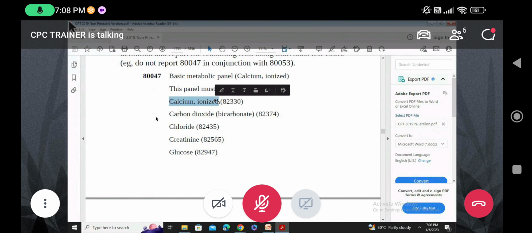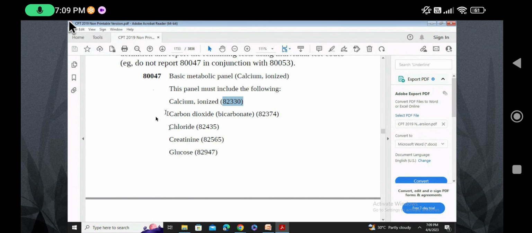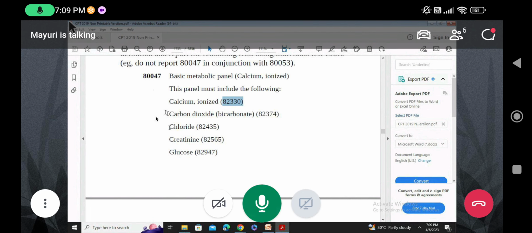Okay, so you guys please note down the code 82330 separately, right? And next one, carbon dioxide bicarbonate is given or not, guys? Given. Yes, given. Okay, just leave that.